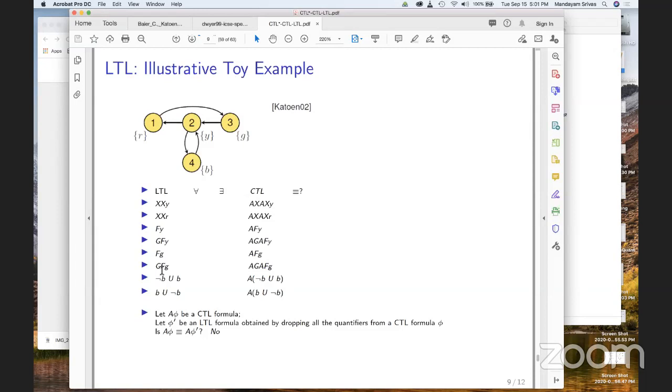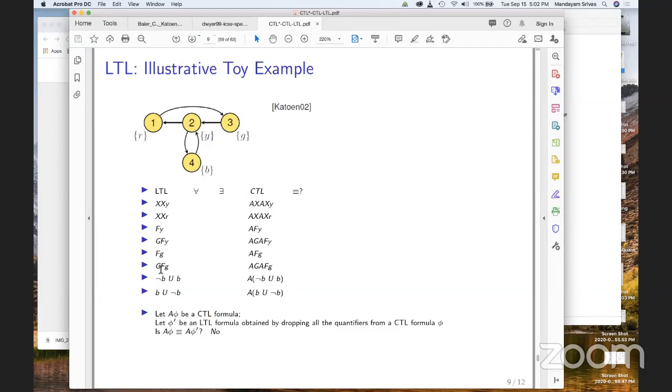That one is not equivalent. AF AG of g is not equivalent to F G of g. So when that is not equivalent, this CTL formula is never representable in LTL.